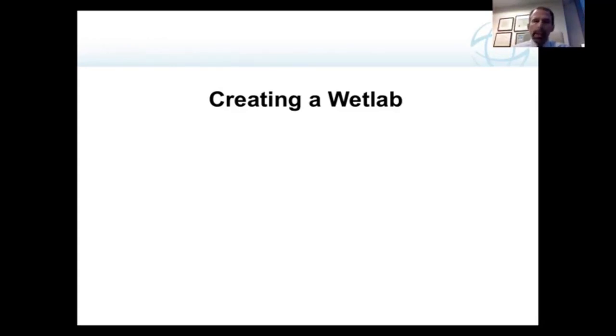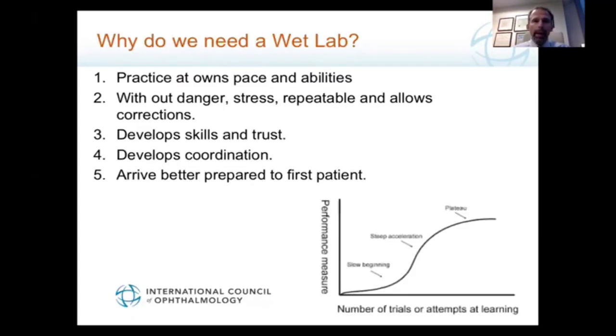Today's topic is, of course, creating a wet lab, and I'm going to show one slide before I introduce our special guest speakers: why do we need a wet lab? We've talked about this in the past if you were at the meeting in Tanzania, but it allows a number of things, and Michael, I think, will talk about this in more detail. In particular, it allows the students to practice at their own pace and abilities without the danger and stress of being with a live patient.